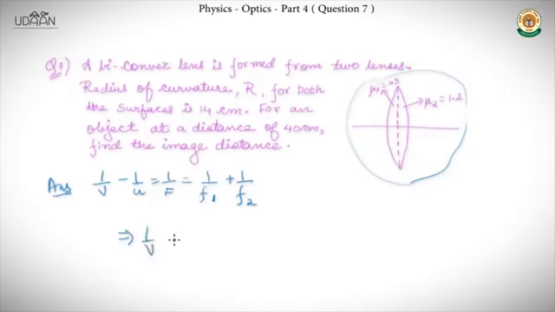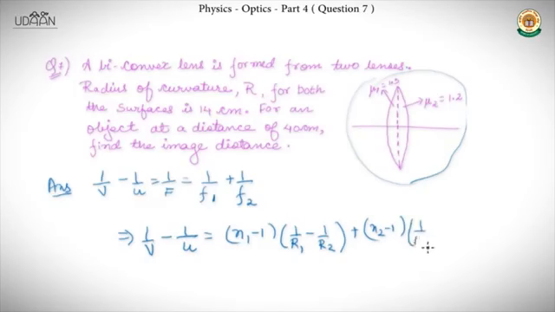So 1 by v minus 1 by u will be equal to (n1 minus 1) times (1 by r1 minus 1 by r2) plus (n2 minus 1) times (1 by r2 minus 1 by r1 dash). Here r2 is the radius of curvature of this planar surface, which is common for both. So I have written r2 and r2, and this is r1 and this is r1 dash, the curvature of this.